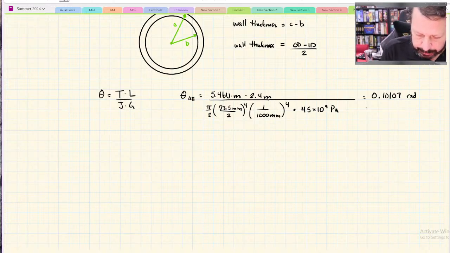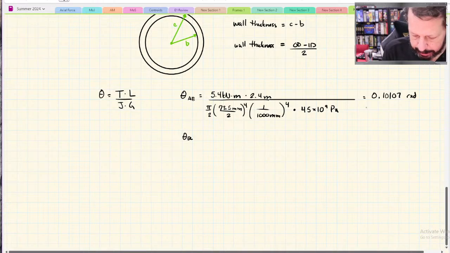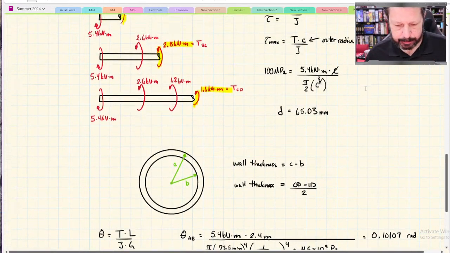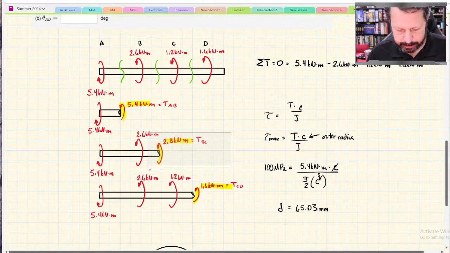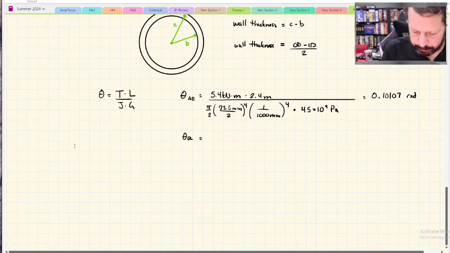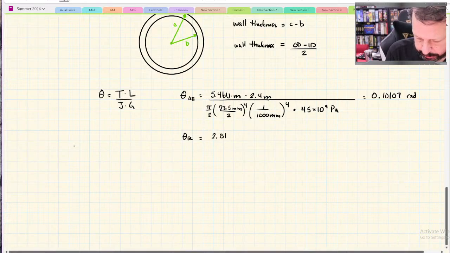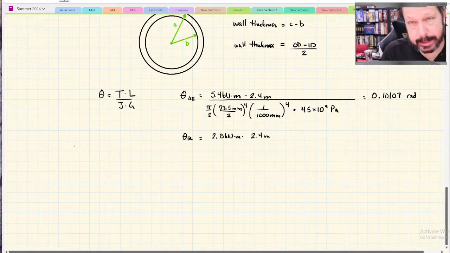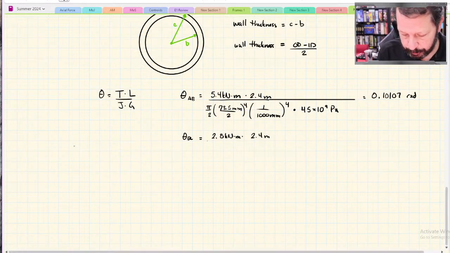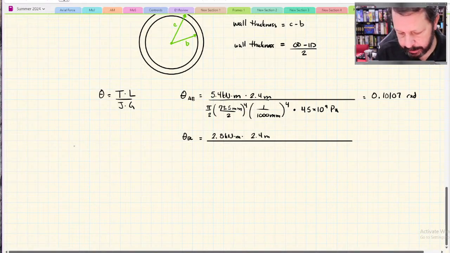All right, theta from B to C, everything's exactly the same except the internal torque for BC is 2.8 kilonewton meters. So 2.8 kilonewton meters, same length because it said all the intervals were the same, 2.4 meters, and same cross section, same material.